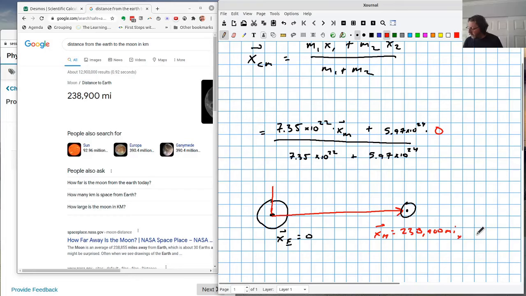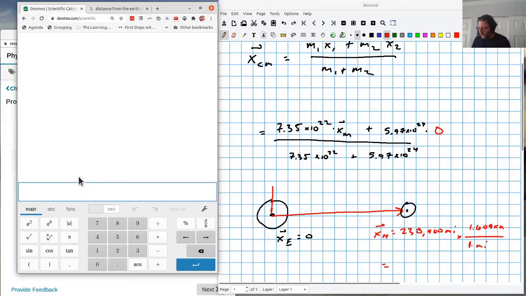So times 1.609 km divided by 1 mile. So the position is 238,900 times 1.609.